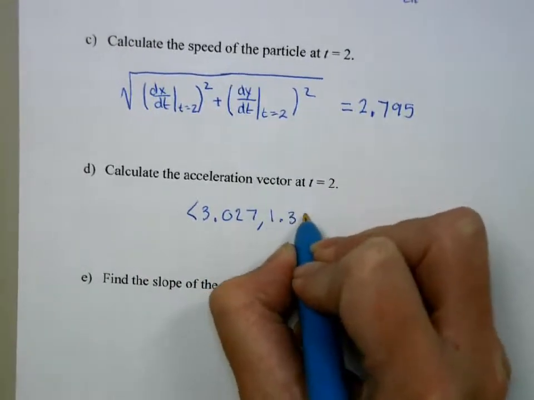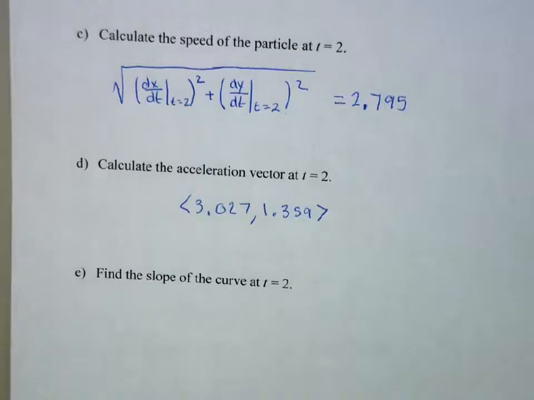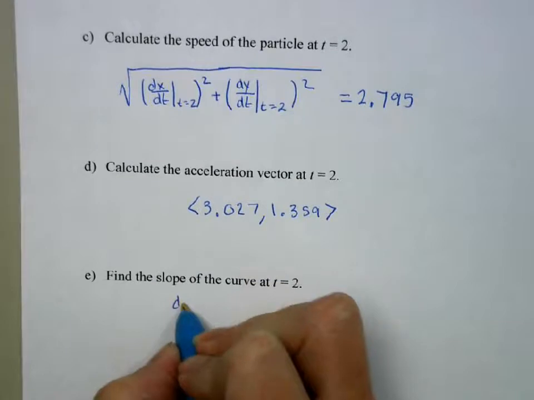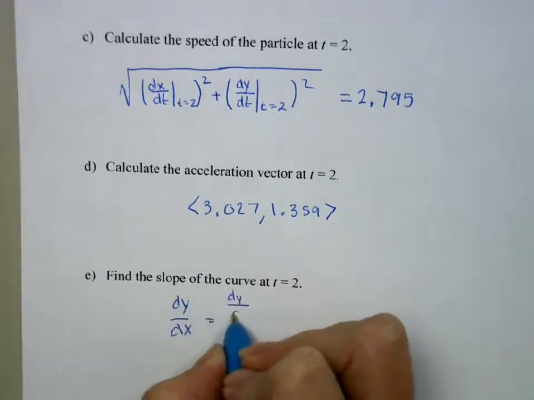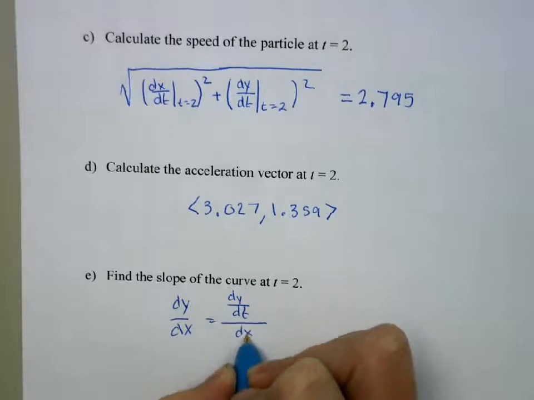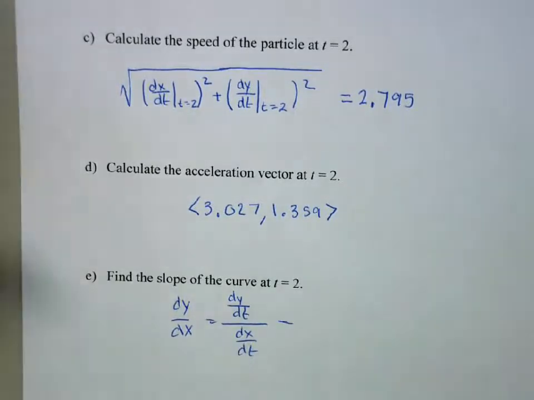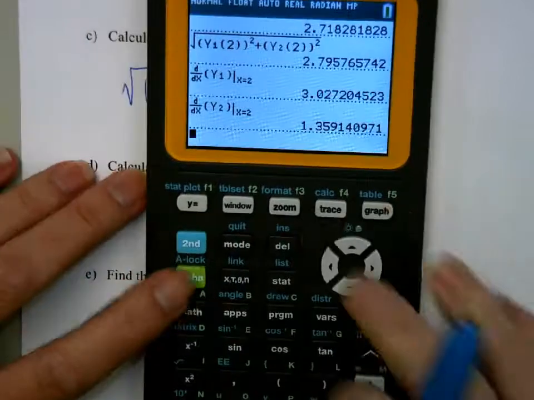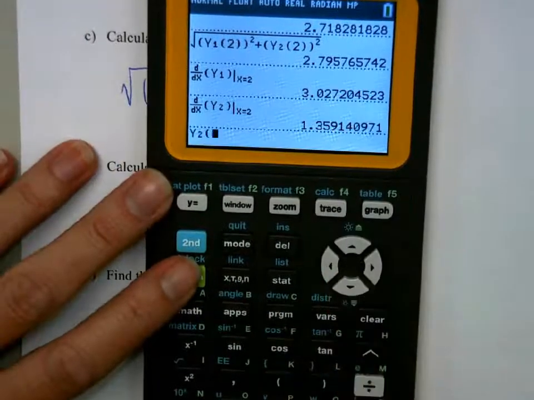Okay, and then the last one is our slope. So slope is dy dx, which is dy dt over dx dt. Again, we've already calculated these, but I'll just do it all in my calculator again just to show you again. So I'm going to have y2 evaluated at 2 divided by y1 evaluated at 2.